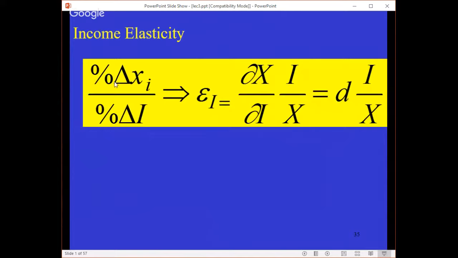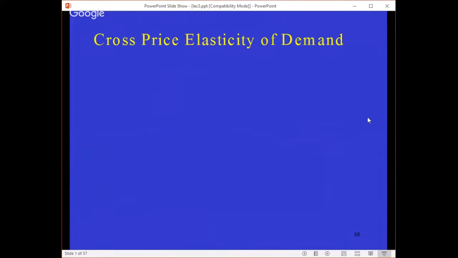So I take the partial of x with respect to I, which is d, and multiply that by I over x, so I get d I over x. Of course, if d is greater than 0, it's a normal, superior good. If it's less than 0, it's an inferior good.